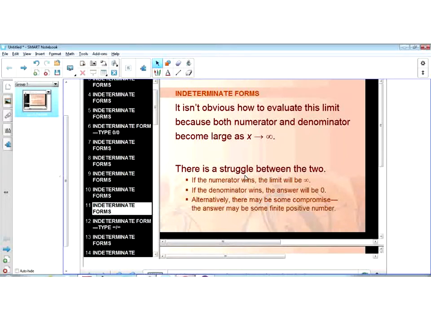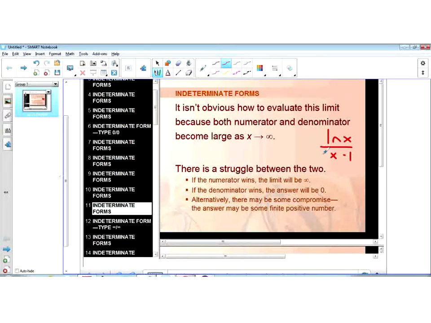In this slide, the author talks about a struggle between the two. If the numerator wins, the limit will be infinity. For this function, here's your function, and as x grows very, very large, it could be the case that the natural log of x outpaces x minus 1 in its growth, and then the limit could be infinity.